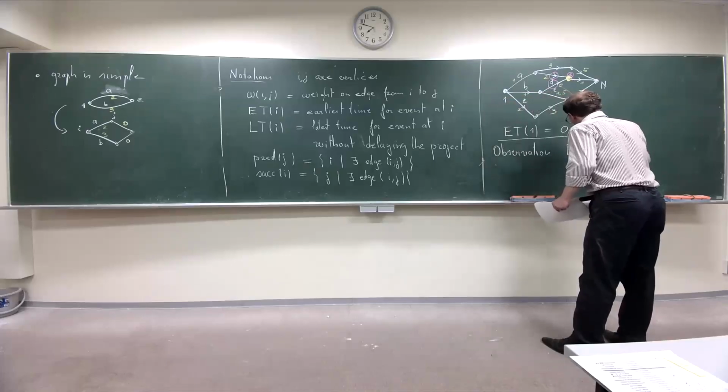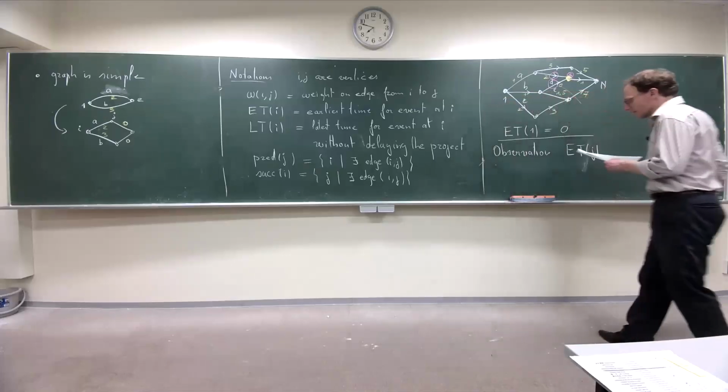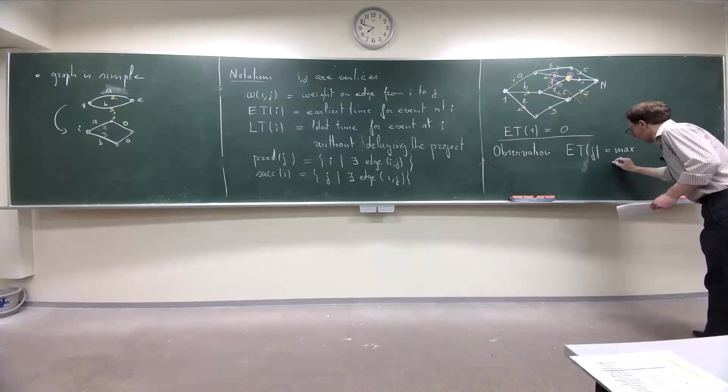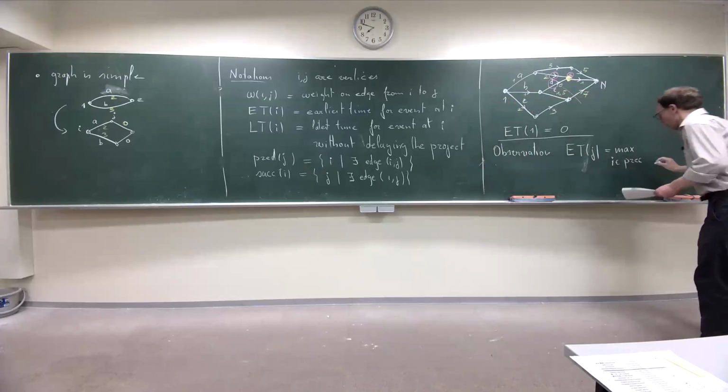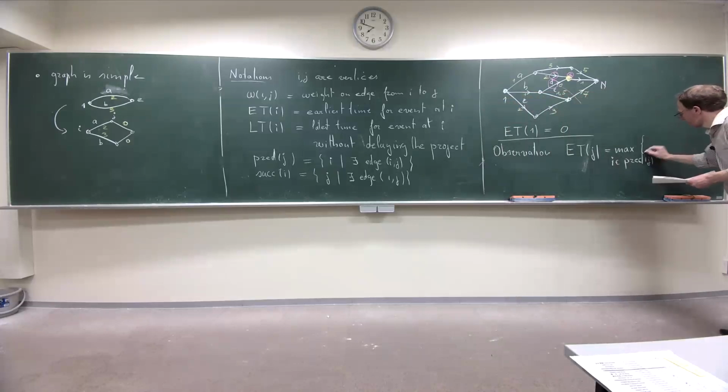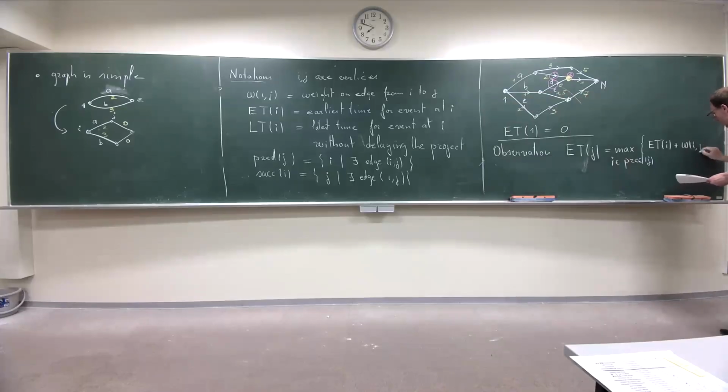How do you get ET of J? Earliest time for J is the maximum over all I in the predecessors of J, the ones just on the left of J, of ET of I plus omega of IJ.